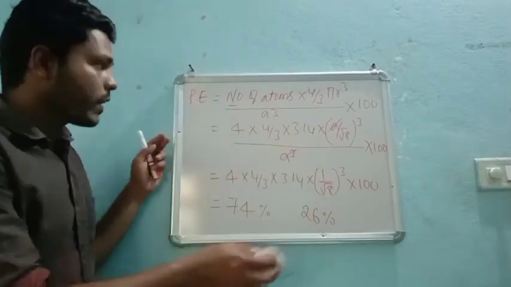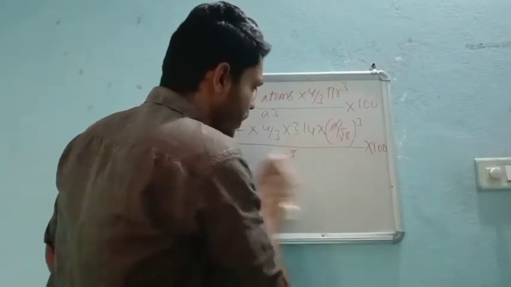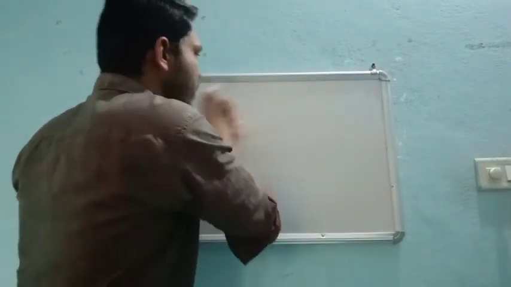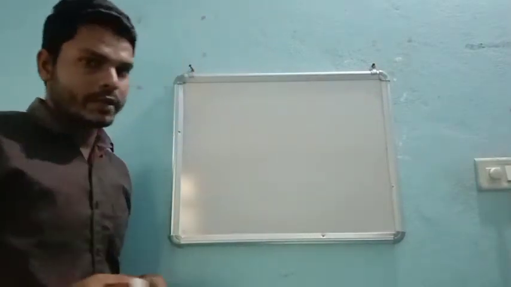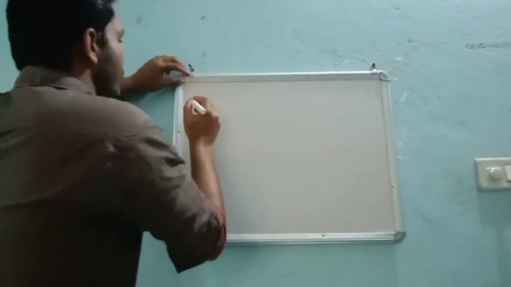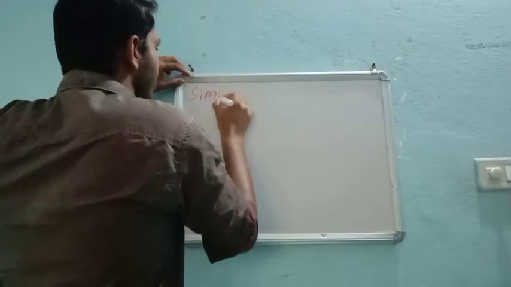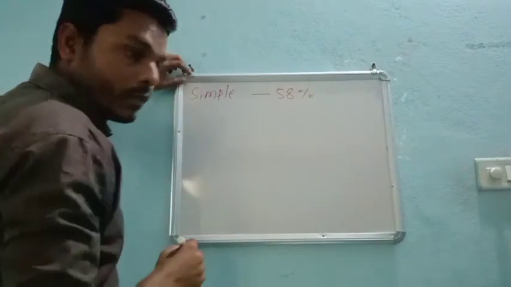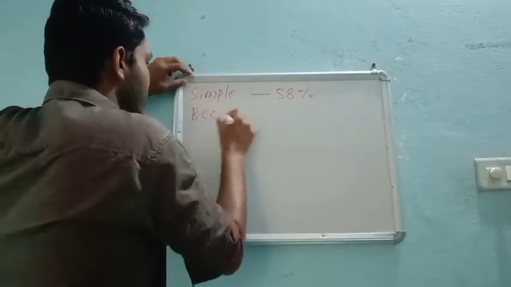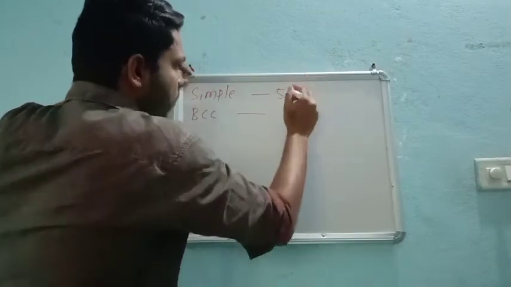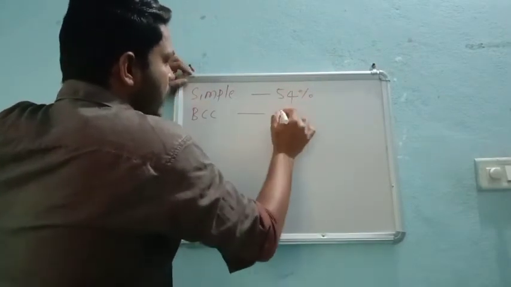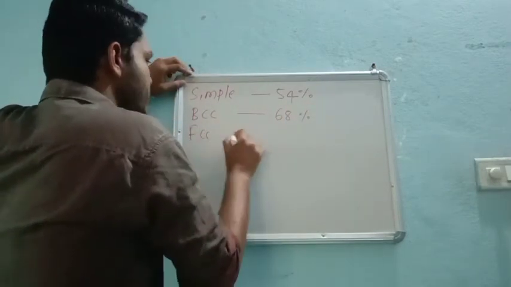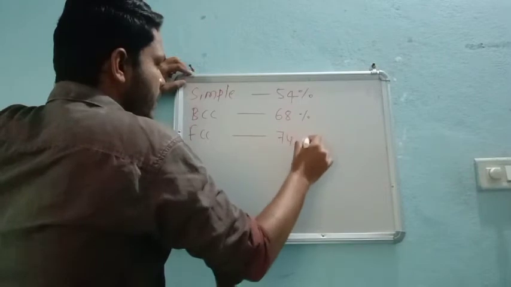So after solving all these, I want to explain one thing that is very important for your competitive examinations, right? See here, in simple cubic approximately 52% is packed, sorry, 52, and in BCC we have approximately 68, and in FCC 74% is packed.